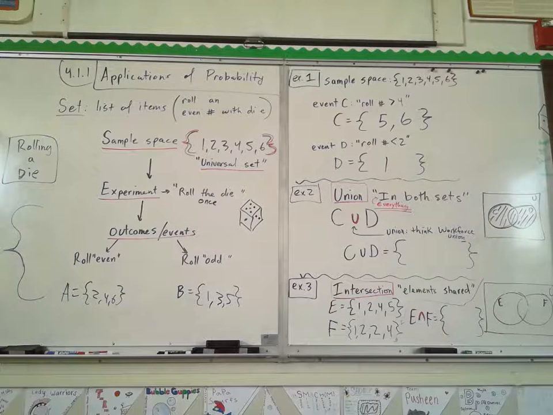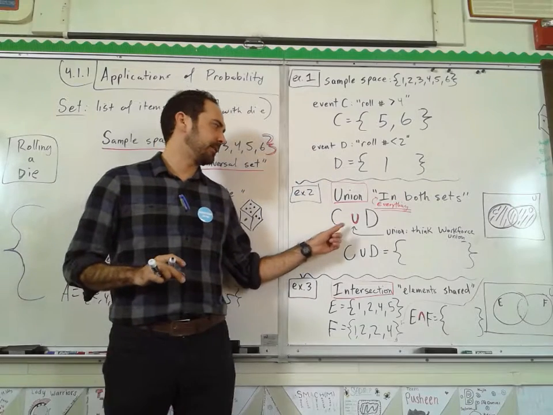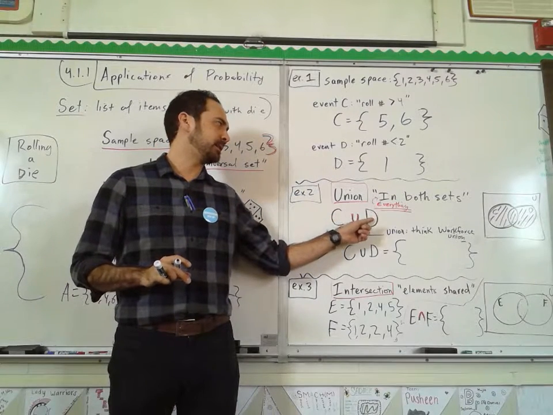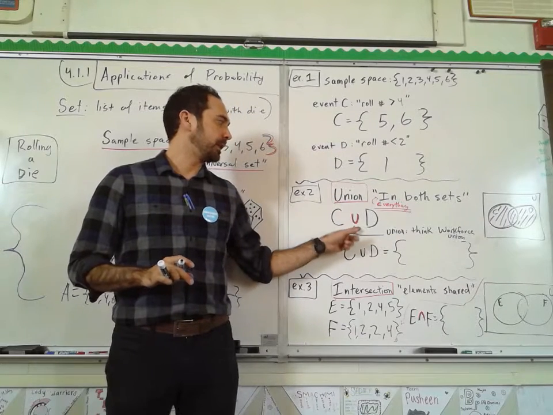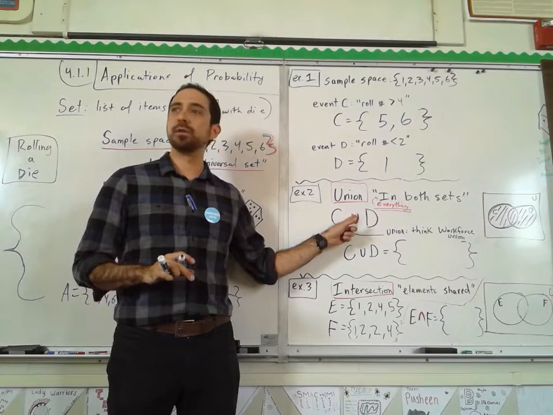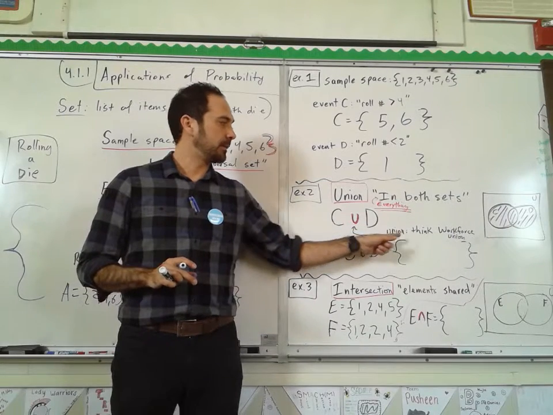And then the next thing is there's a notation for it. If I read this, it says the union between C and D. The union is everything in both sets, so I have to remember this little U is the new symbol for union we're going to be using. I like to think of a workforce union.